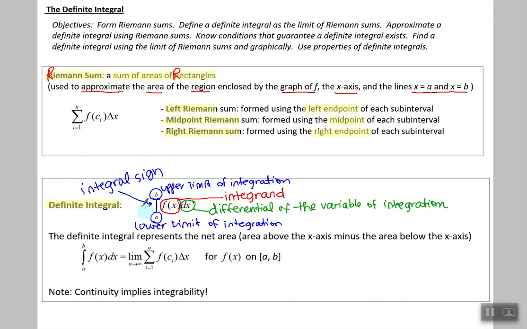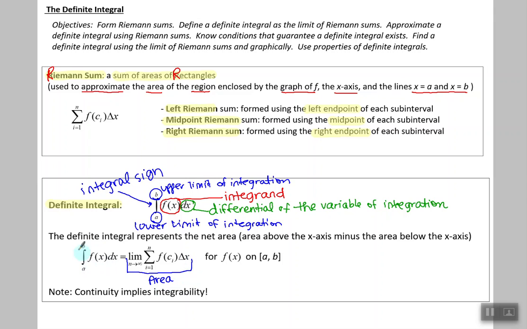So why these parts for the definite integral? The definite integral, if we look down here, is defined as the limit as n approaches infinity of the sum from i equals 1 to n of f of c sub i times delta x. We might remember from our work last time that this right here represents an area.